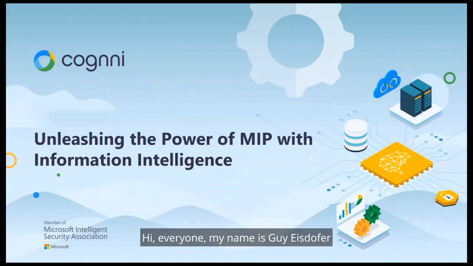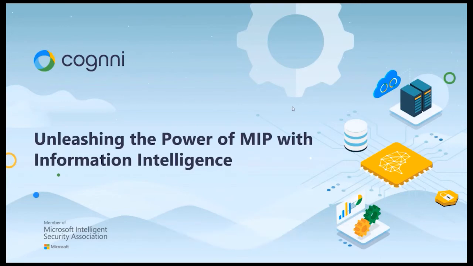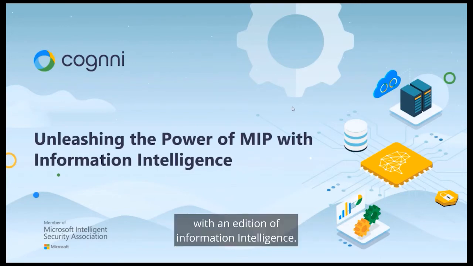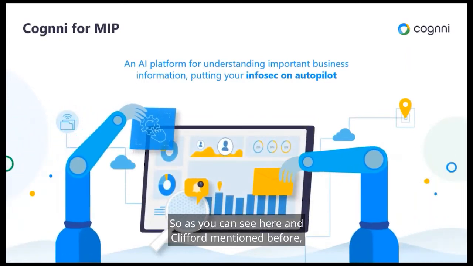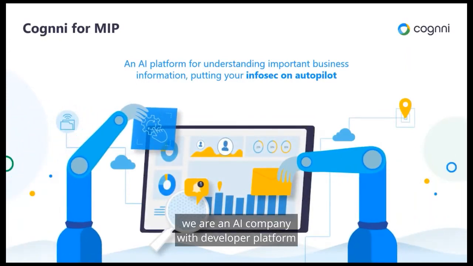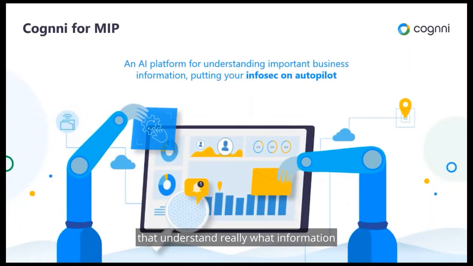Hi, everyone. My name is Guy Eisdorfer, and today I really want to show you how we are unleashing the power of MIP with an addition of information intelligence. As you can see here, and Clifford mentioned before, we are an AI company. We develop a platform that understands really what information is important to your business.